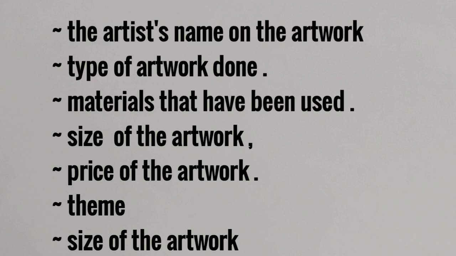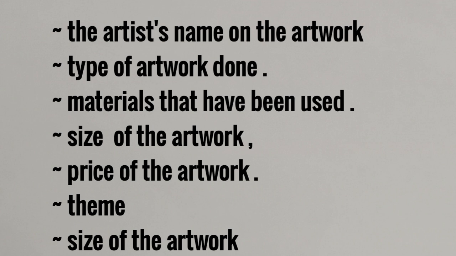Then size of the artwork should also be there. Then the price of the artwork. Remember, it's being displayed in an exhibition. So in an exhibition you are displaying them so that customers can come and buy them from you. So the price of the artwork should be there. So those are some of the components of the catalog. Also you can have the theme. The theme also is one of the components there.